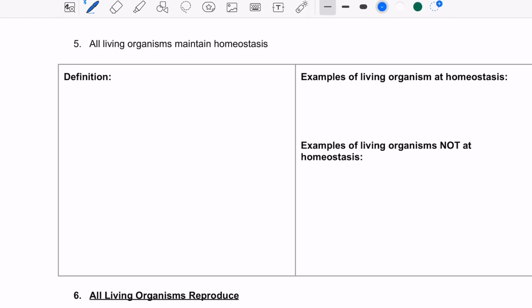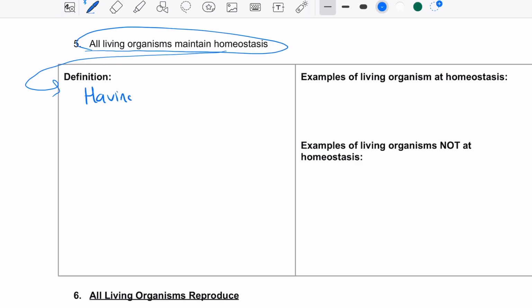Number 5, all living things maintain homeostasis. What is the definition of homeostasis? It's having a stable internal environment. You are not sick.